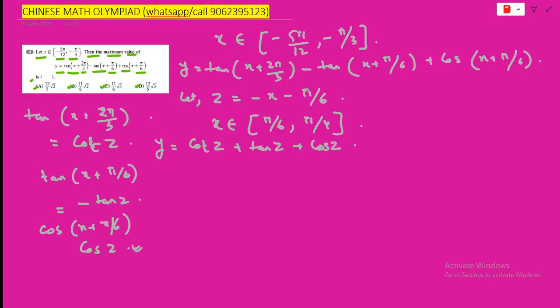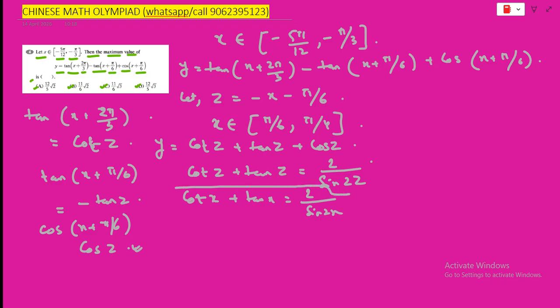Now we know that cot z + tan z is what? 2/sin 2z, right? Now this identity is gold in Olympiad. cot x + tan x is 2/sin 2x.